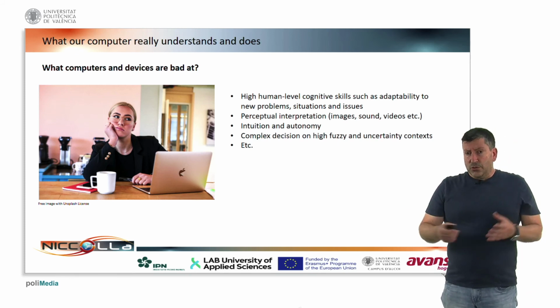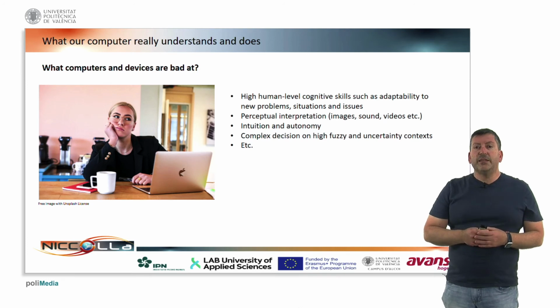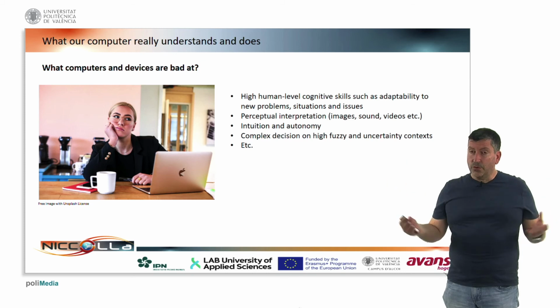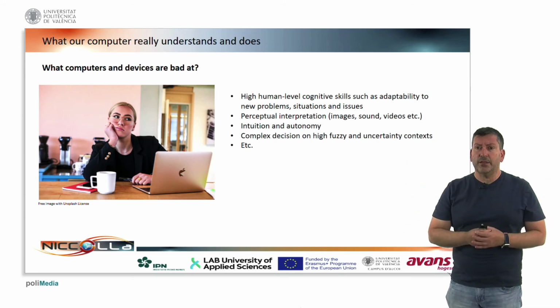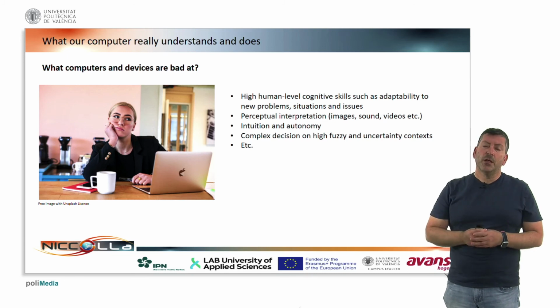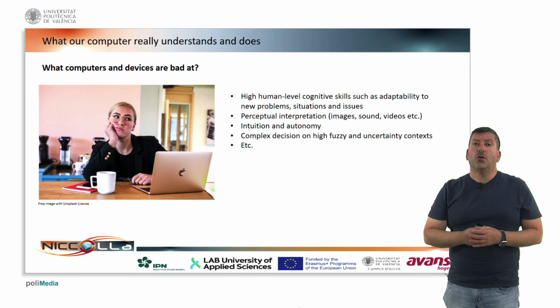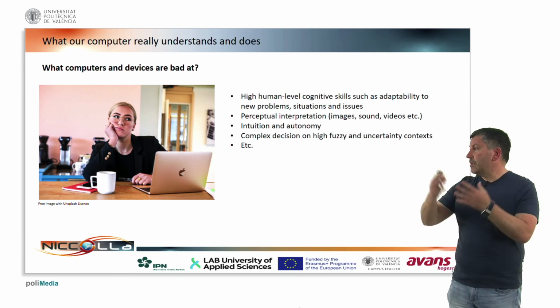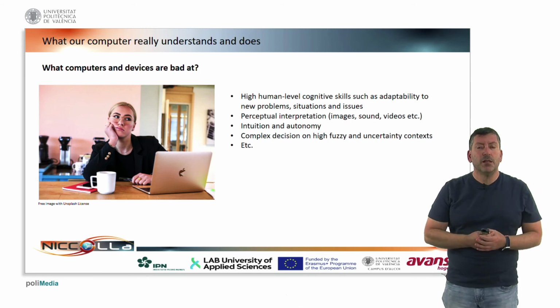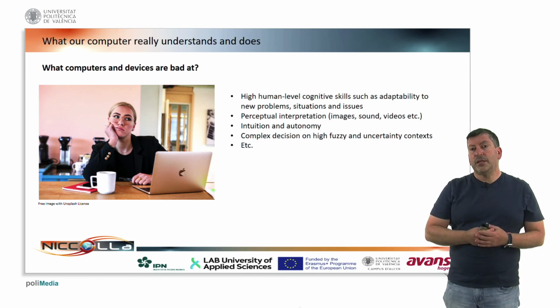Computers are bad also in perceptual interpretation. To interpret images, what we can find in images in our environment, sound, videos, they are not very good at that. A 3-year-old child is much better at interpreting what is happening in his or her environment than a computer.